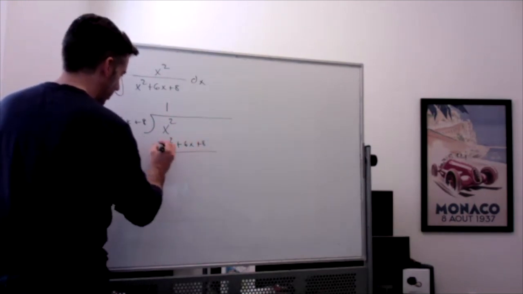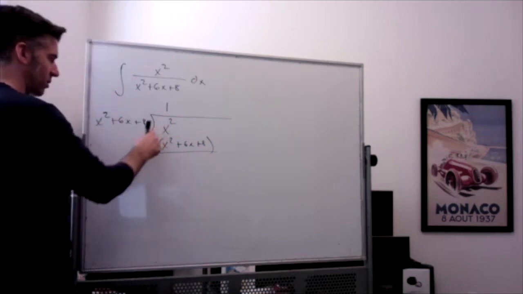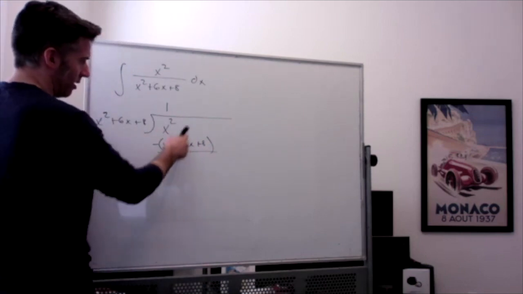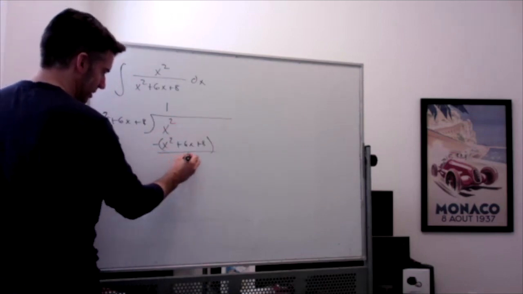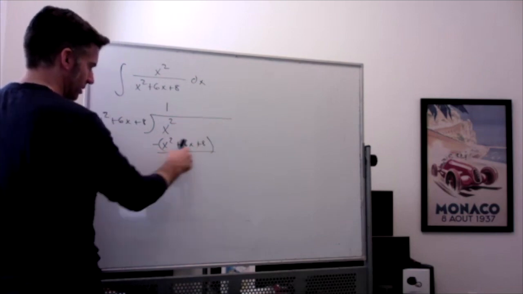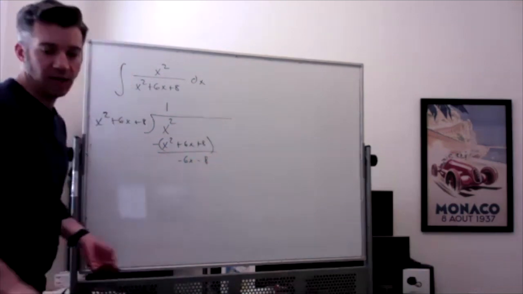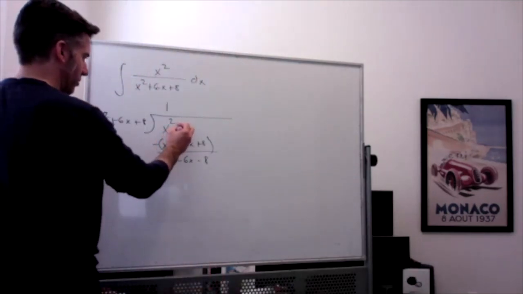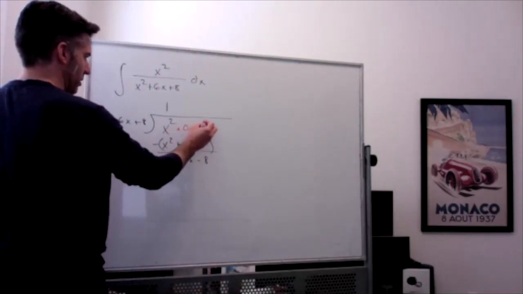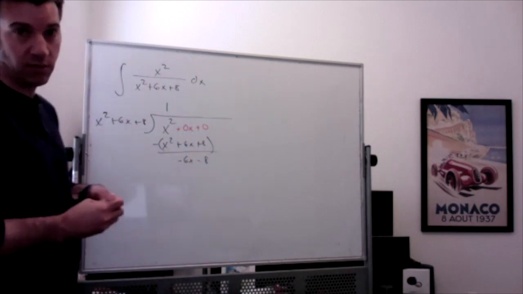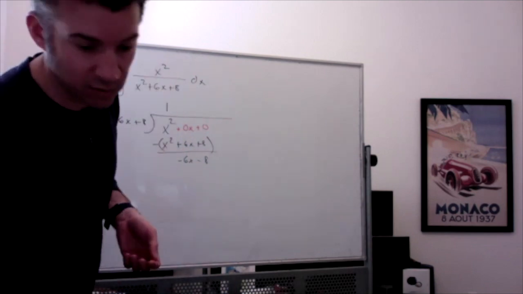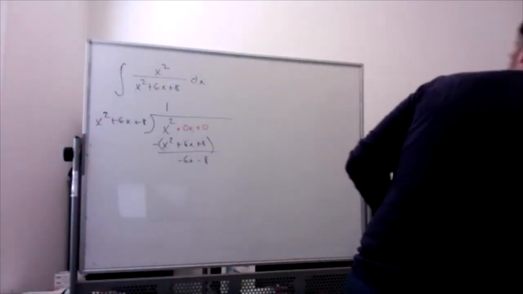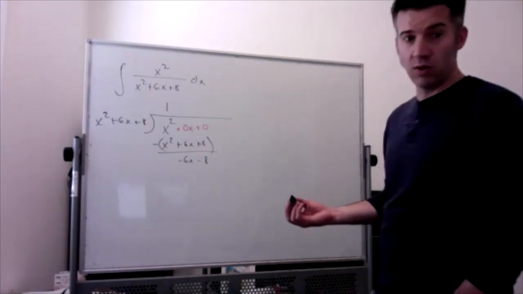You subtract. x squared minus x squared is 0. And then nothing minus 6x is negative 6x. And nothing minus 8 is minus 8. Sometimes people, and I'm one of the people, write the rest of the power terms, like a 0x here and a 0 there, to make it a little more sensible to be doing the subtraction. So then here's what we do.